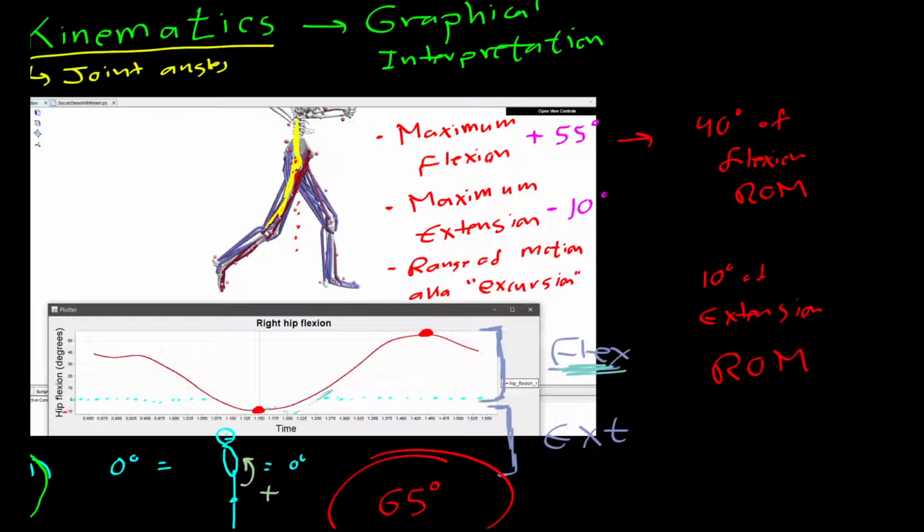I will, because of this confusion, this is kind of becoming a theme in this class, use the term excursion, and I'll try and be really clear that I mean max minus min, or the total range of angles that you sweep through in this.